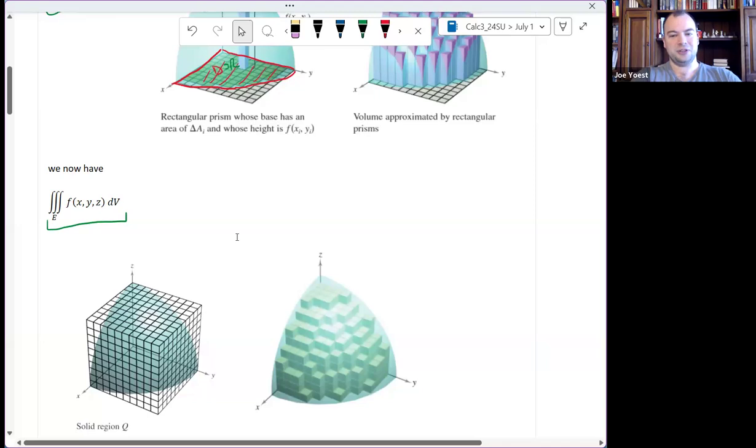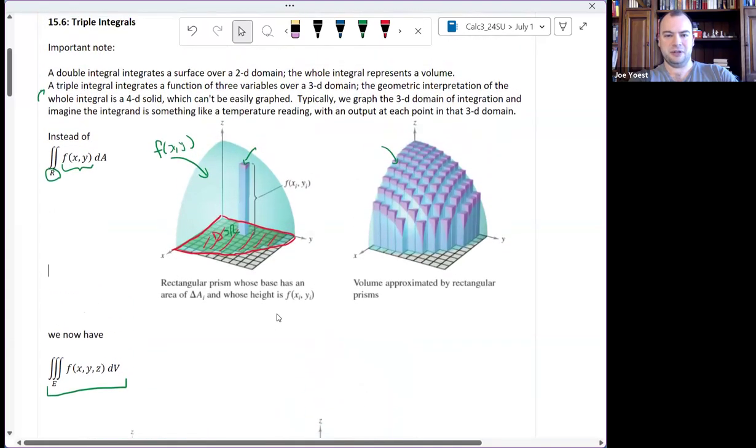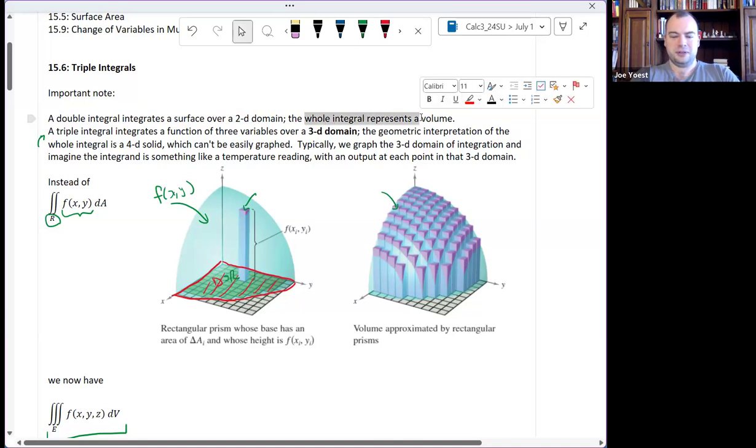You can see how similar these two pictures look between a double and a triple integral, but note that they're representing very different things. A triple integral integrates a function of 3 variables over, and this is the important part, a 3D domain.